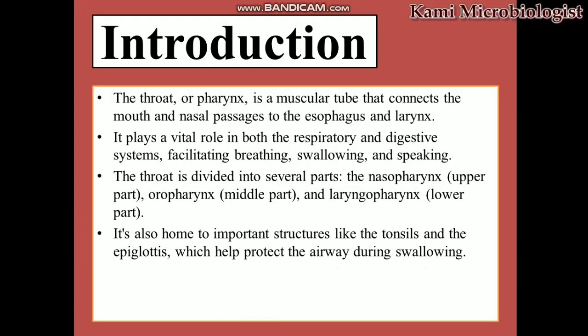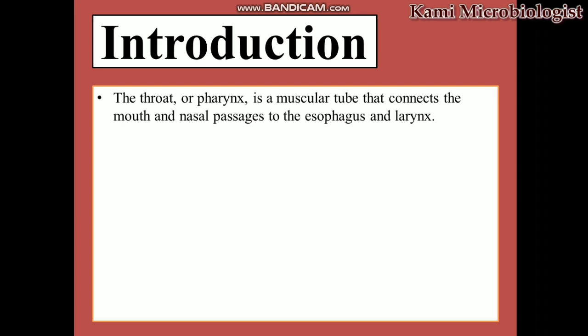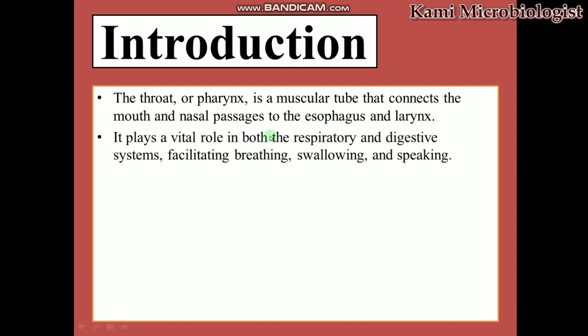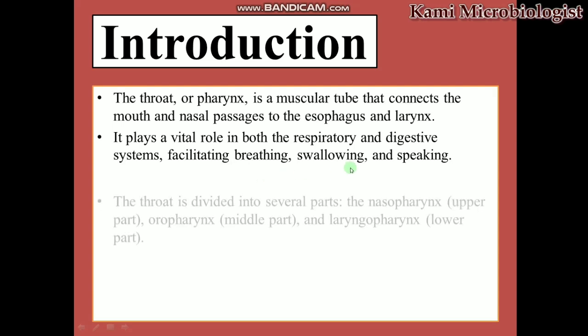Now let's explain the topic. First of all, we have the throat or pharynx. The throat or pharynx is a muscular tube that connects the mouth and nasal passage to the esophagus and larynx, as we talked. The throat plays an important role in both the digestive and respiratory systems, because it is important in breathing, swallowing, and speaking.